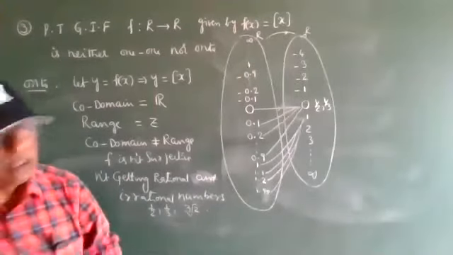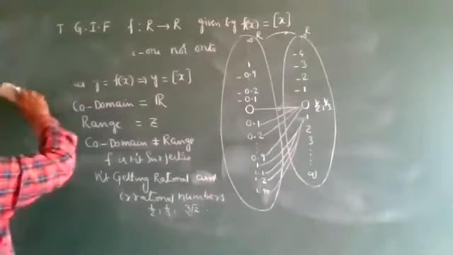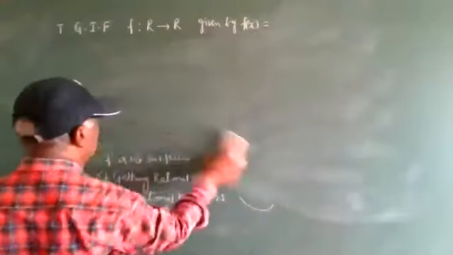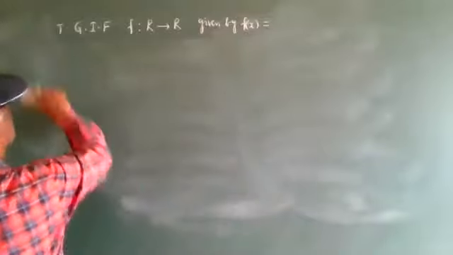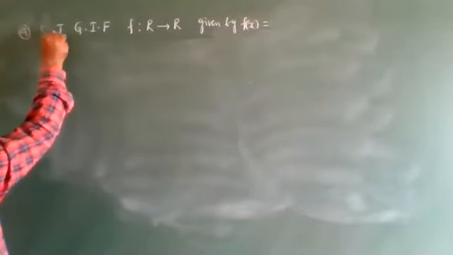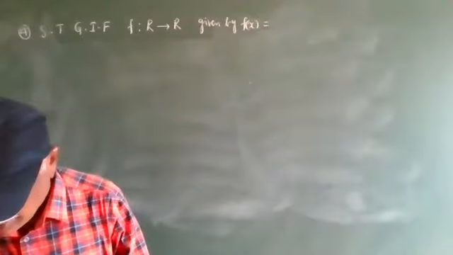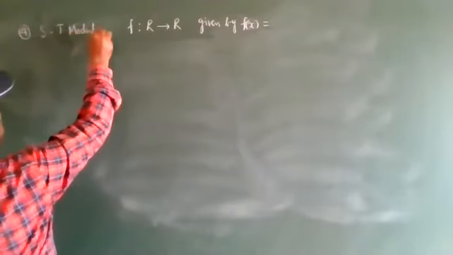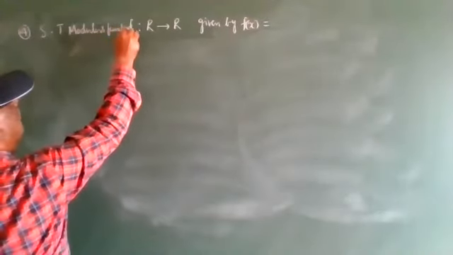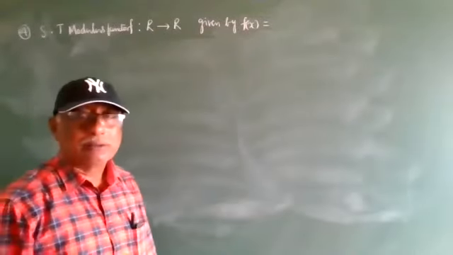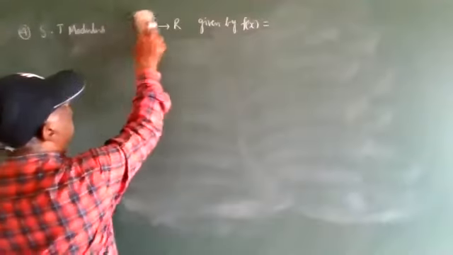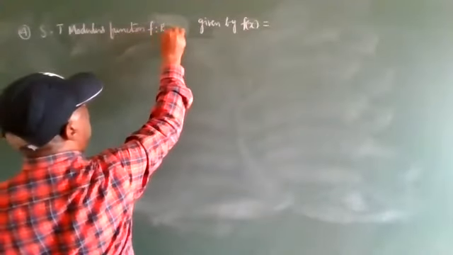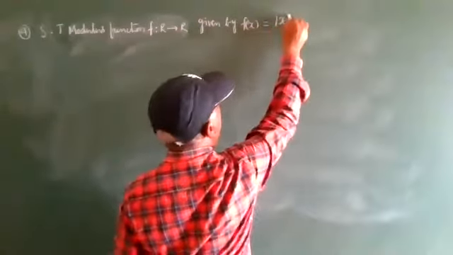Everyone see the fourth problem. Show that the modulus function f mapping R to R given by f of x is equal to modulus x.